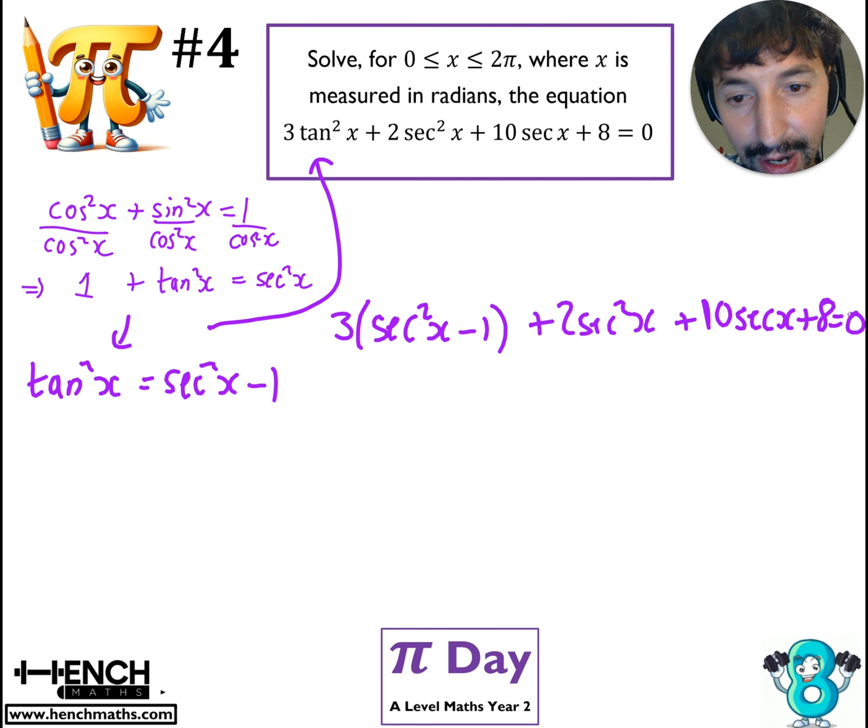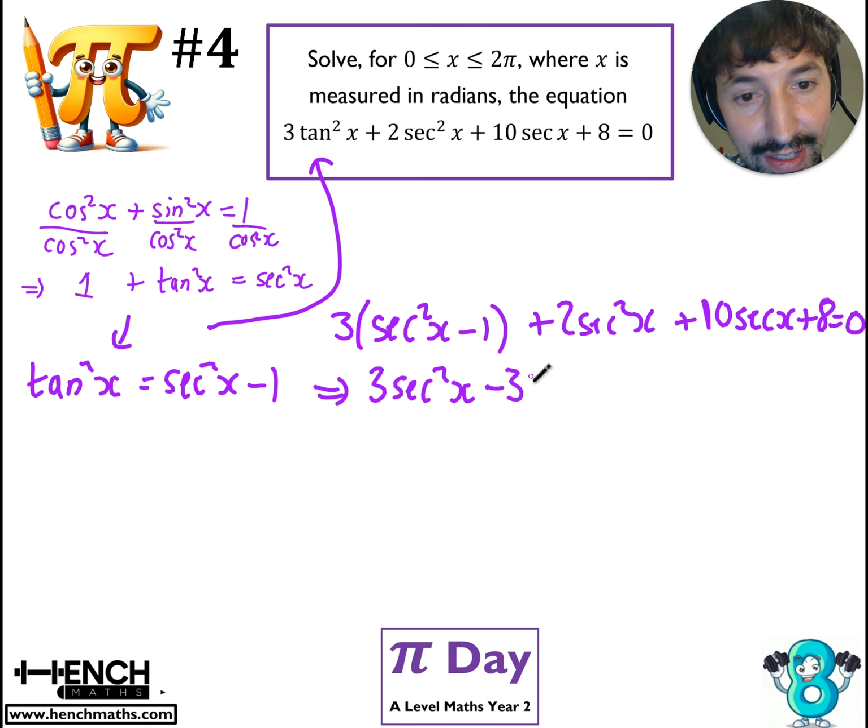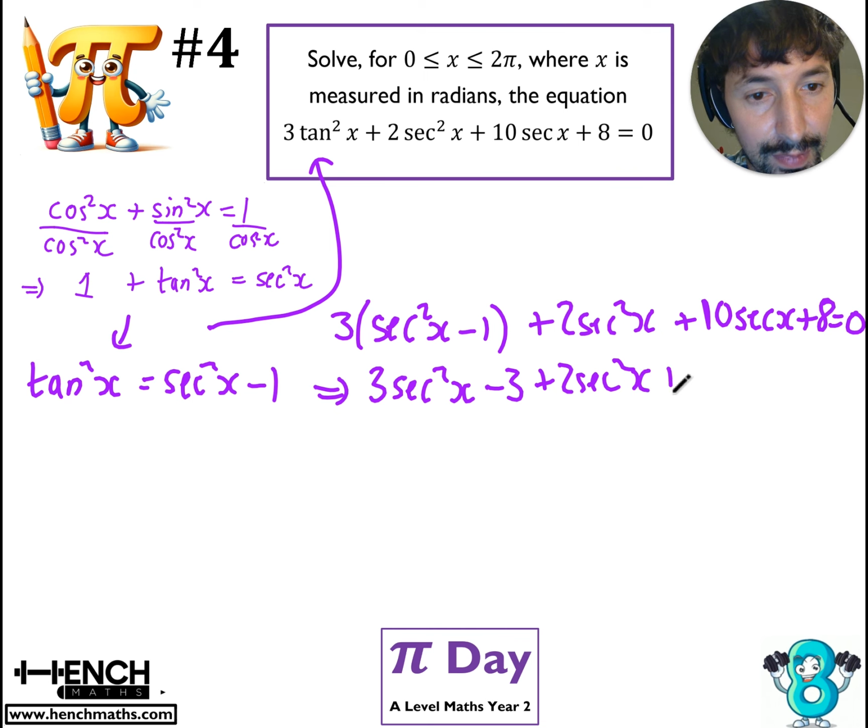Then we multiply out our bracket, so we get 3 sec squared x subtract 3 plus 2 sec squared x plus 10 sec x plus 8 equals 0.